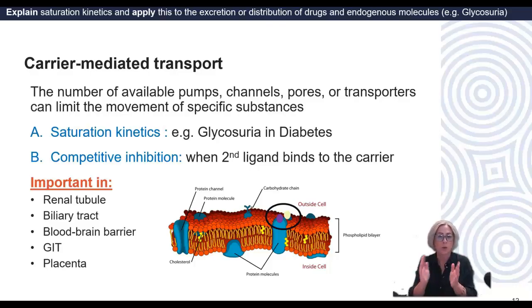In that case, one wins over the other and follows its normal pharmacokinetics, whereas the other one doesn't, and it's left in the body for longer and has a prolonged effect, and that might involve adverse effects. We also see it in the biliary tract, also in the blood-brain barrier, and the gastrointestinal tract. So that's important at the level of absorption, and of course the placenta as well. And that obviously then affects the transport of drug molecules between the mother and the developing fetus.